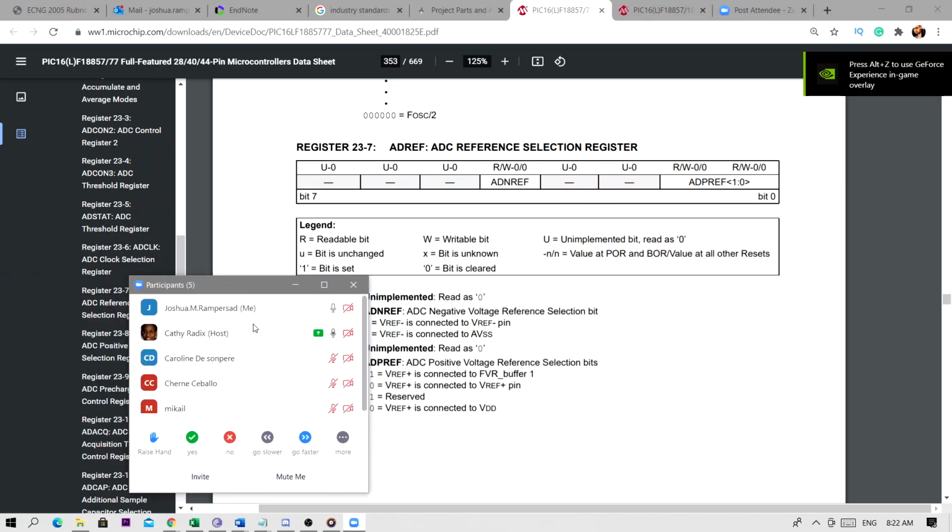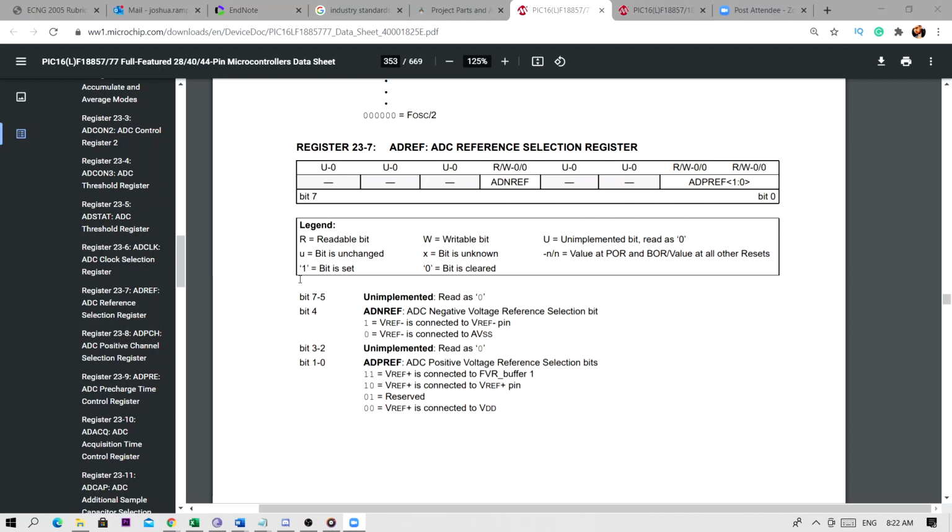Okay, so the way an A to D converter works is it has two reference voltages, right? And you could use any two reference voltages you want. They don't have to be high and low. They don't have to be 0 and 5 volts. As you can see, we could select the reference voltages as we want, right?